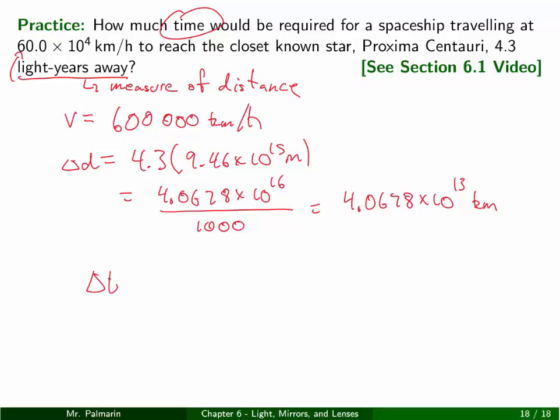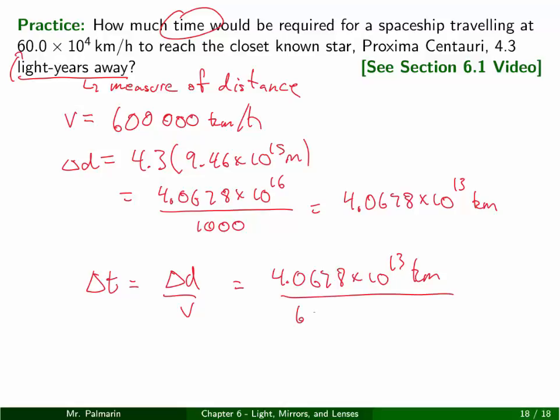I'm looking for time, which means time is equal to, okay, distance over time, is equal to distance over velocity. So your distance is 4.0678 times 10 to the 13 kilometers over 600,000 kilometers per hour.